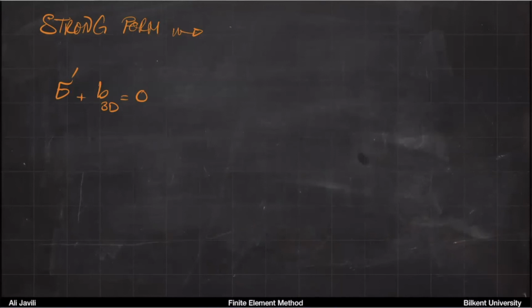So we need something like this. It would be sigma prime. And then because it is 3D, the body force is not just a scalar value, it also has direction. So maybe it would be just B equals 0. Does that make sense? So this would be now your 3D and 2D, if you want, strong form.